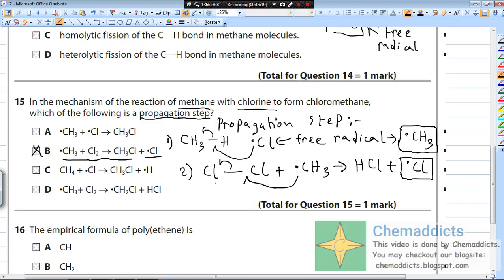In the second chemical equation, equation number 2, we can see that CH3 free radicals attack chlorine molecules and form a chlorine free radical.